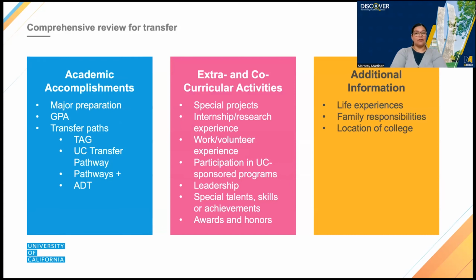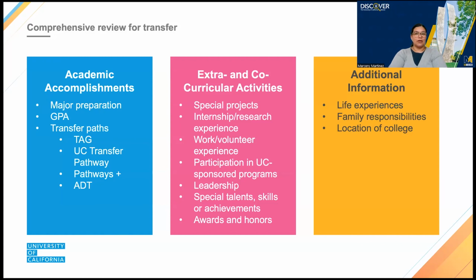So as with first-year admission, campuses are looking for well-qualified transfer students who have taken advantage of the educational opportunities presented to them, both inside and outside of the classroom. They review factors in three major categories: academic accomplishments, extracurricular activities, and additional information.